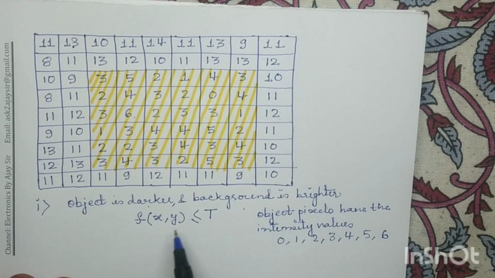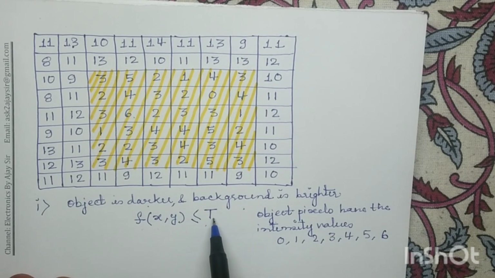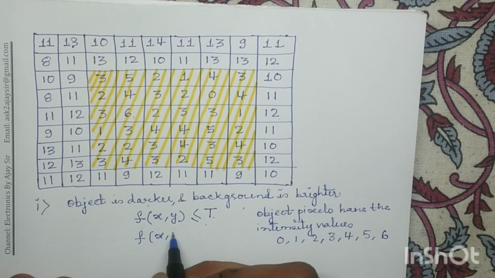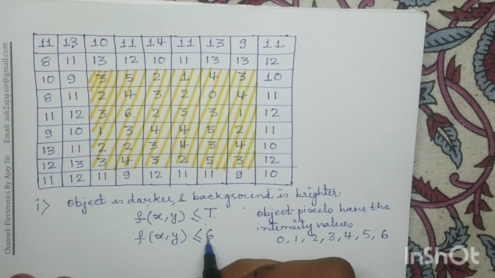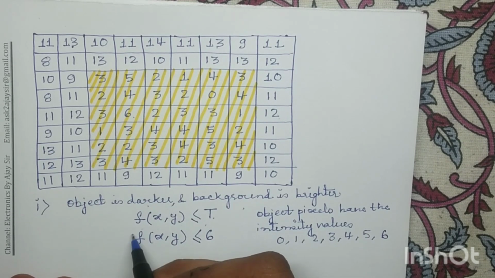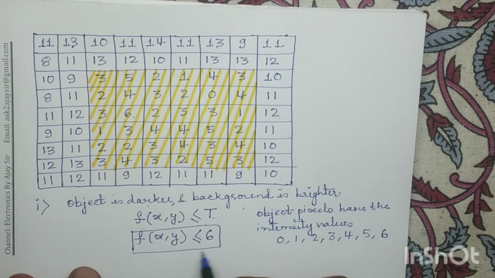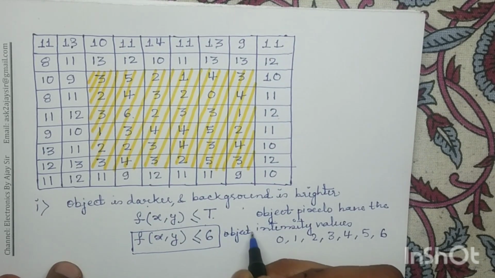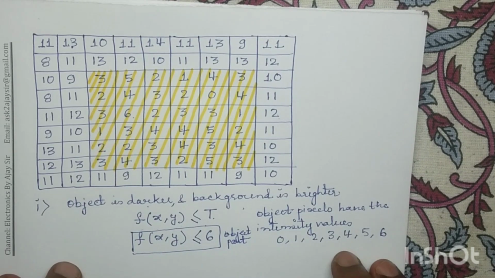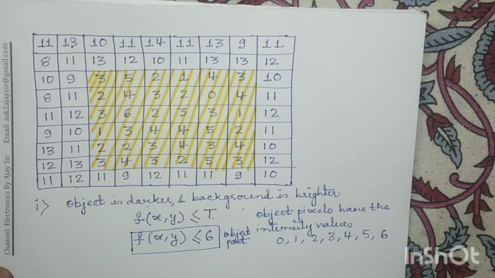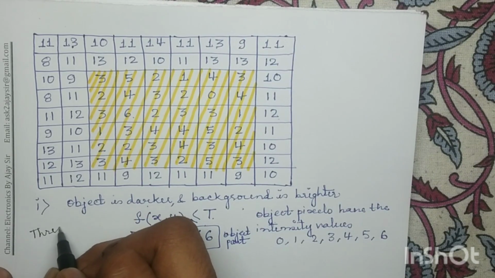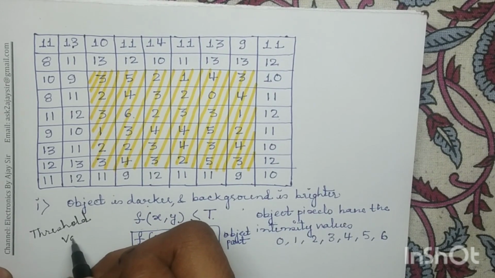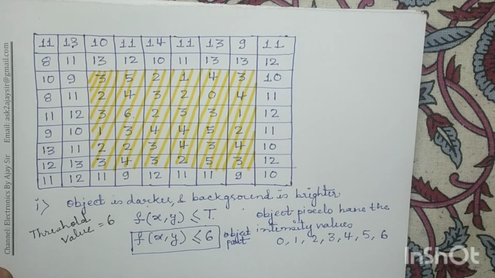Now if you want to fix this condition on this given intensity level, such that f(x,y) less than or equal to T represents the object part, we will write: when f(x,y) is less than or equal to 6, it represents the object part, and hence we will suggest the threshold value T equals 6.